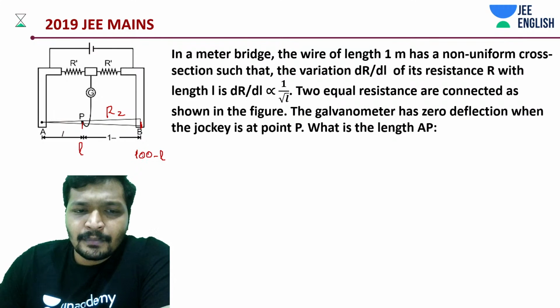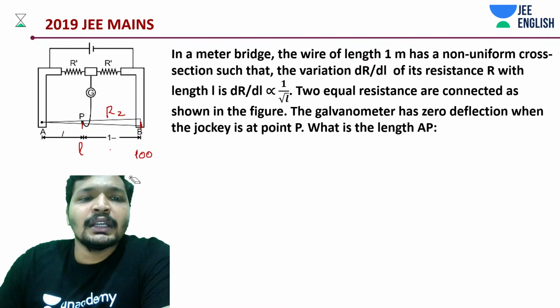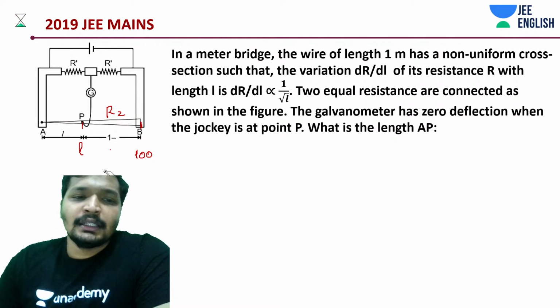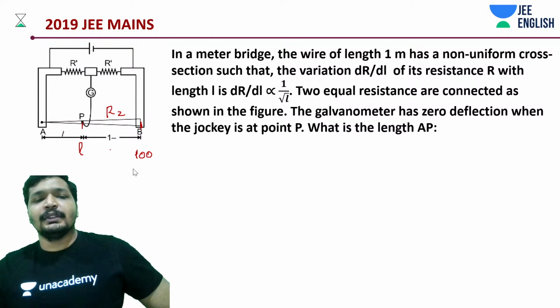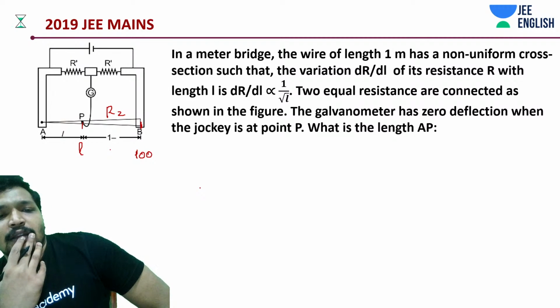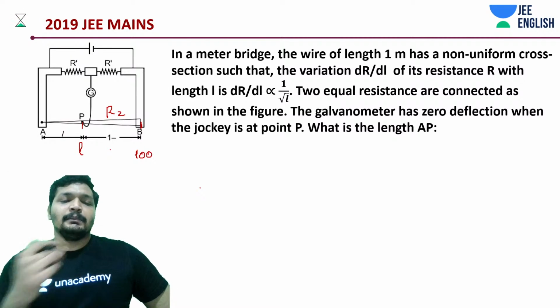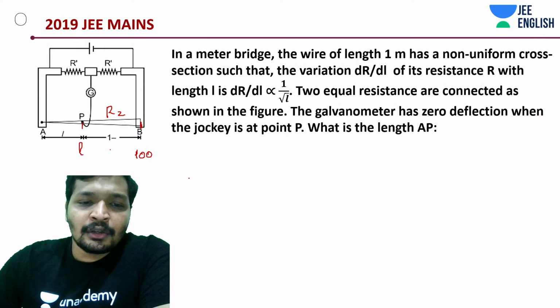Oh no, my mistake, genuinely my mistake. This is L, this is going to be 100, that's it. Really, that's simple. So this is R2.